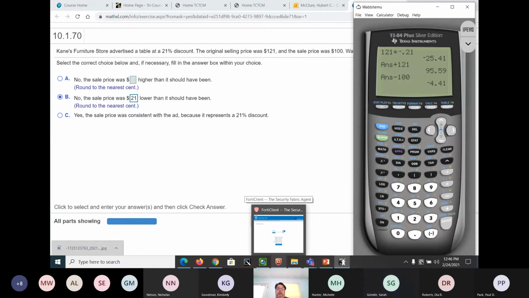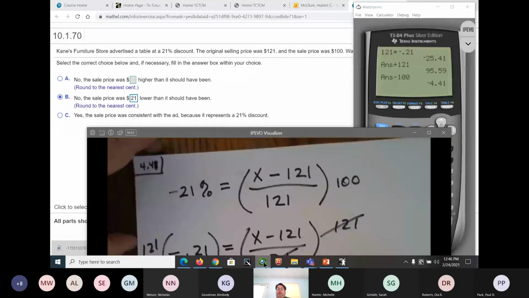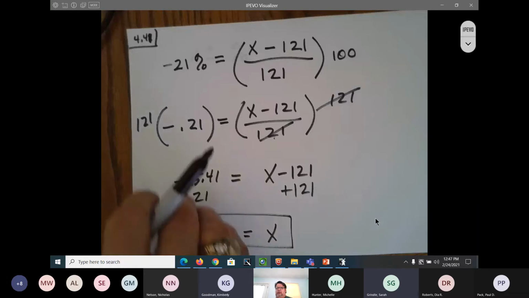Hold on just a second. There's what I was doing right here. I'll write it down for you. So you can either take a picture or there's the problem as it's supposed to be set up, Mr. Pack. But I don't agree with it because I think I got the correct answer by using the Walmart equation. You use the Walmart equation. Okay, that's what I thought.